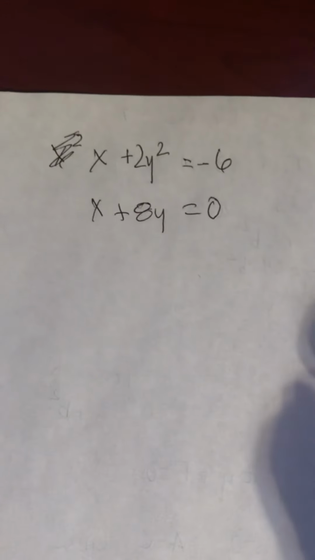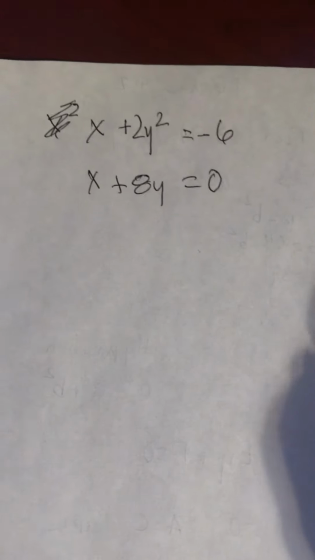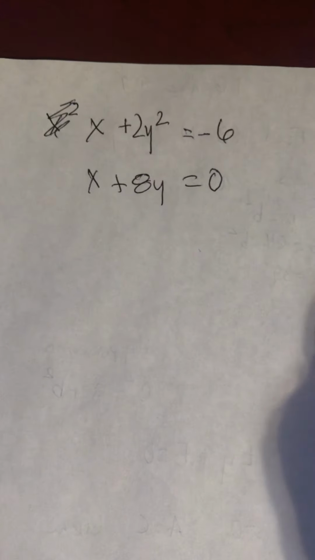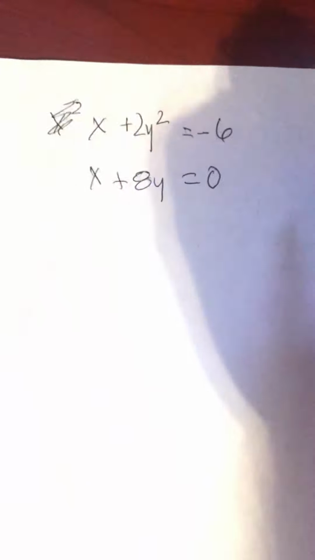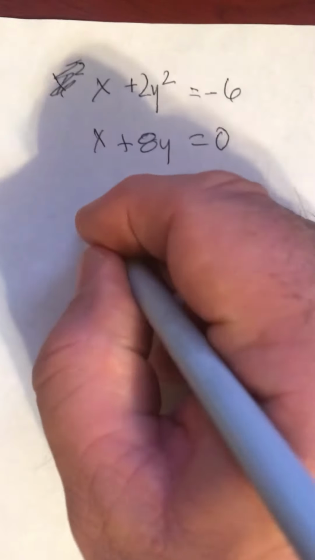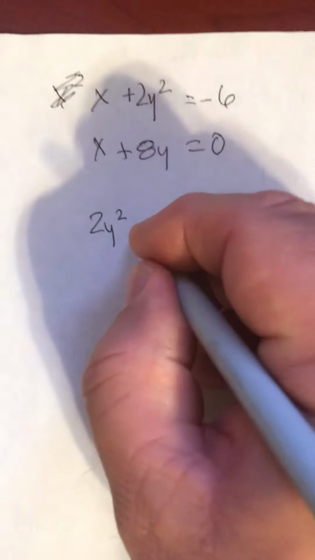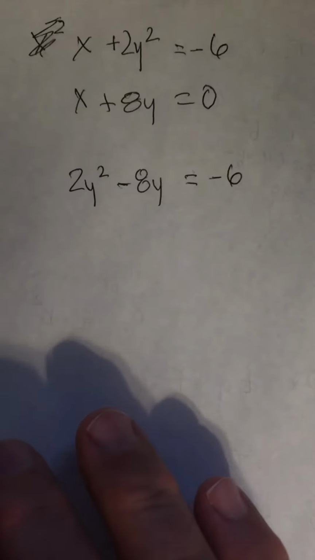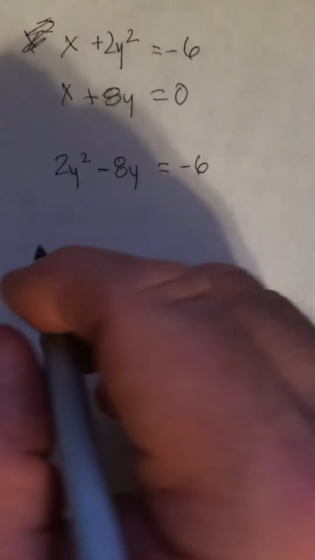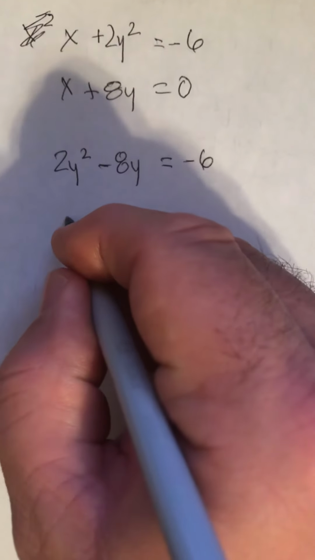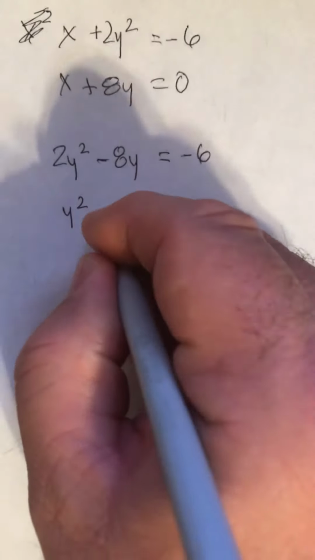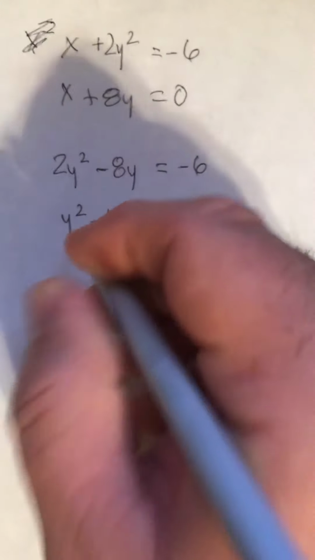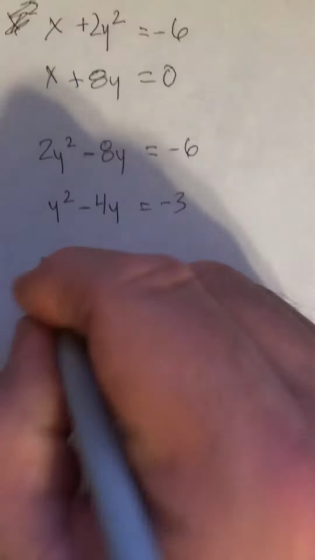Now, it will be very, very easy to eliminate x in this particular system by multiplying the bottom by -1 and adding. And so I'd get 2y squared minus 8y equals -6. I'm going to divide everything by 2. And I get y squared minus 4y equals -3.